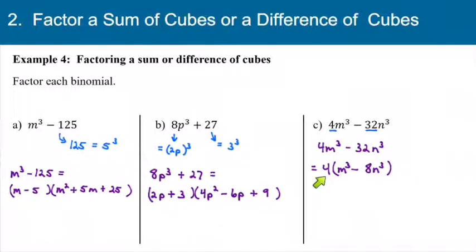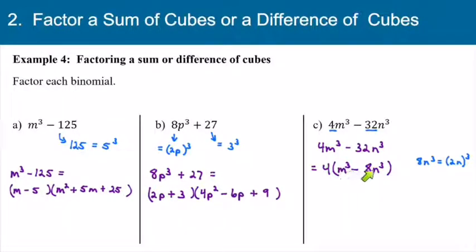So we factored out the GCF of 4. Now let's see if we have a difference of cubes here. Sure enough, m to the third is the third power of m, and 8n to the third is the third power of 2n, because 2 to the third power is 8 and n to the third power is n to the third.